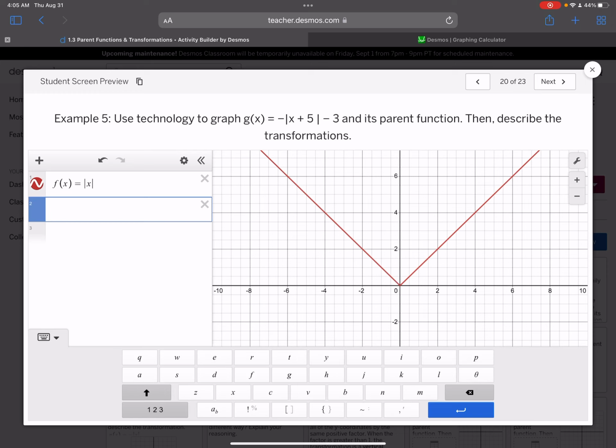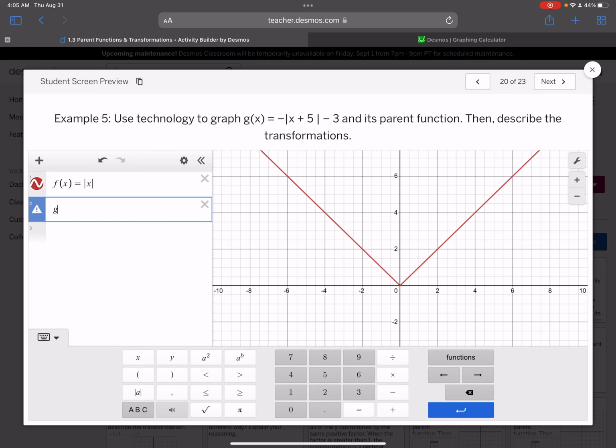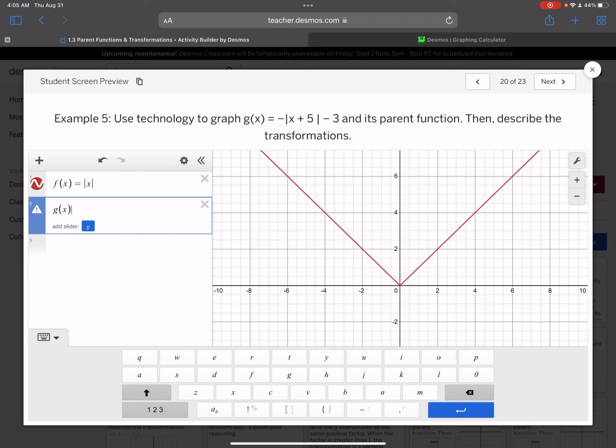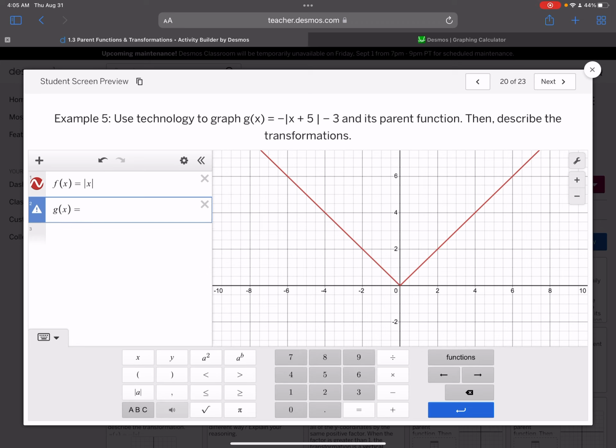Then we're going to graph this new graph, g of x. And please make sure you're practicing with Desmos. You're going to have to pause and move back and forth, and I know that's a little frustrating. But you need to get this practice because you will have access to a Desmos calculator on your state test and maybe other tests in this class.